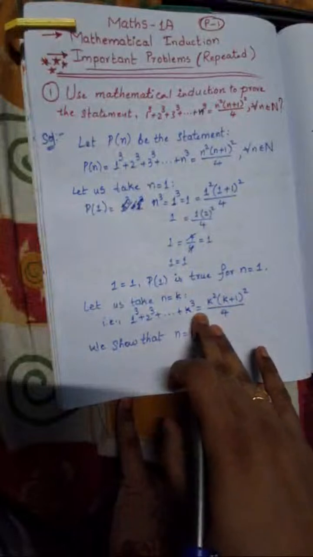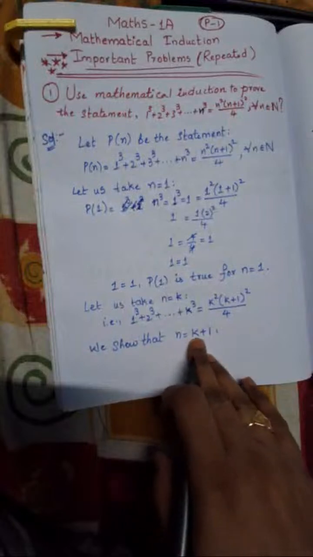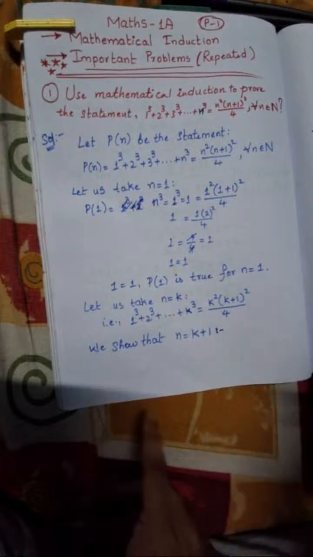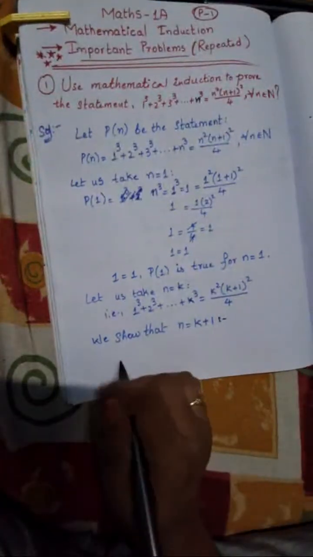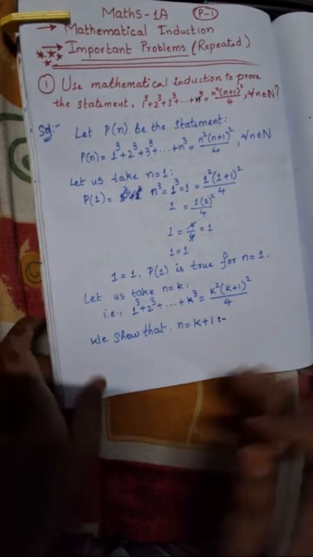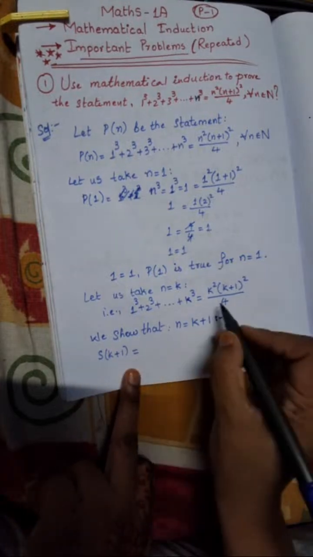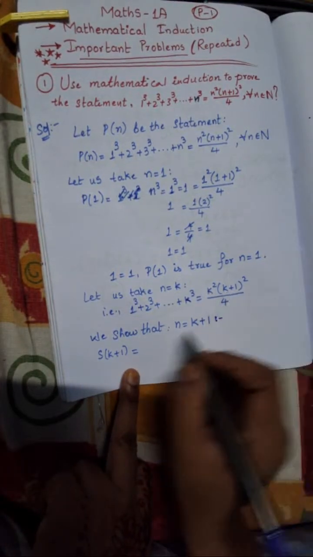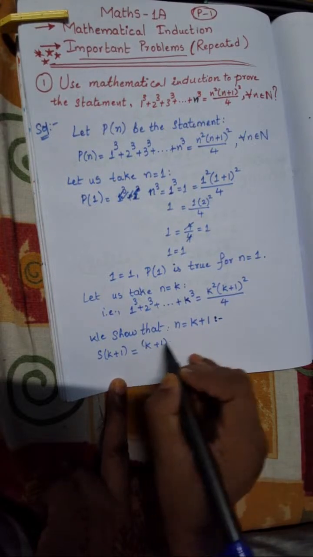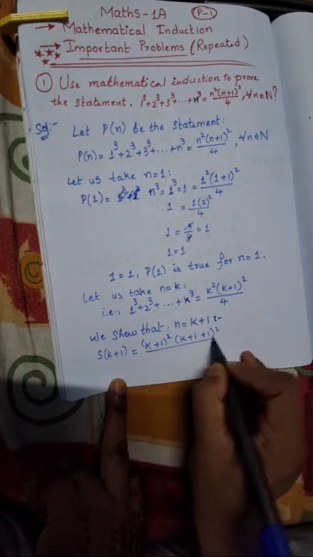But in the next step we have to show that n equal to k plus 1 is true. How is it possible? We take simple steps and prove it. Now P of k plus 1 is equal to (k plus 1) whole square into (k plus 1 plus 1) whole square by 4.